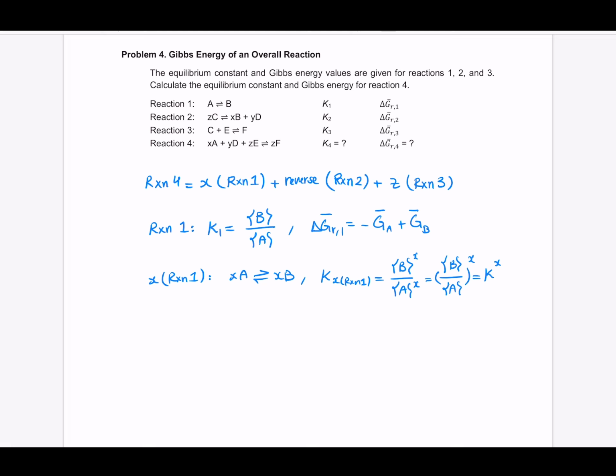Now we just want to write down the delta G factor also. Delta G of reaction for X times reaction 1 would be minus X GA plus X GB. Or we can factor this X value: X times minus GA plus GB, or X times delta G of reaction 1.